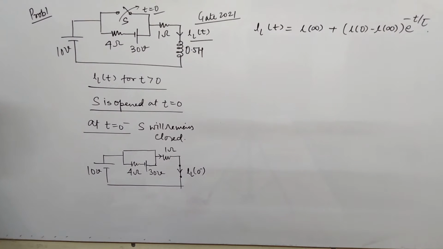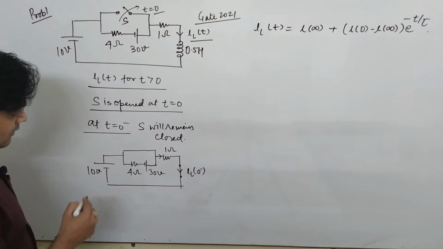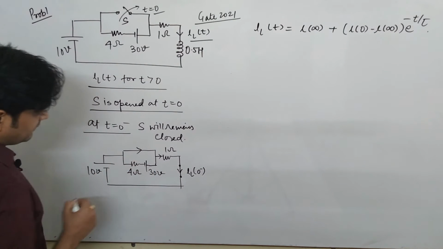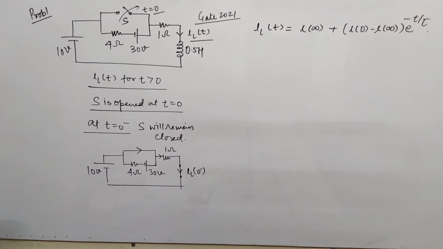Now you have to find the value of IL0. Now how will you find it? Because one branch is coming here and that is a short circuit branch. Now what is the technique to solve such a problem and get the value of your IL0 negative? That we will see. So now how do we find the value of IL0 negative?